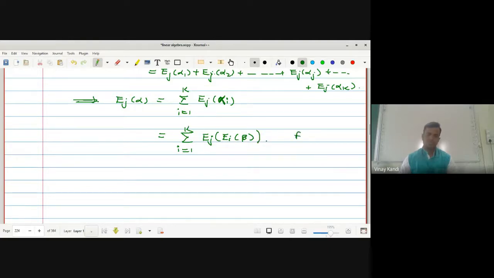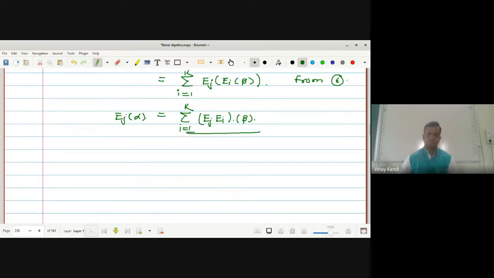Okay, from 6, which is equal to summation I running from 1 to k. So this one now is E j E I of beta. Okay, the value of this one, E j of alpha, is equal to this one.